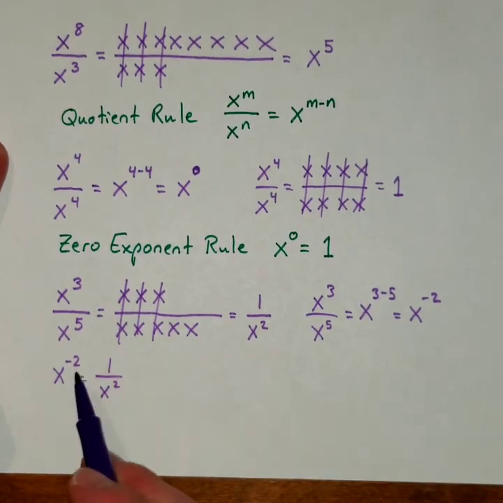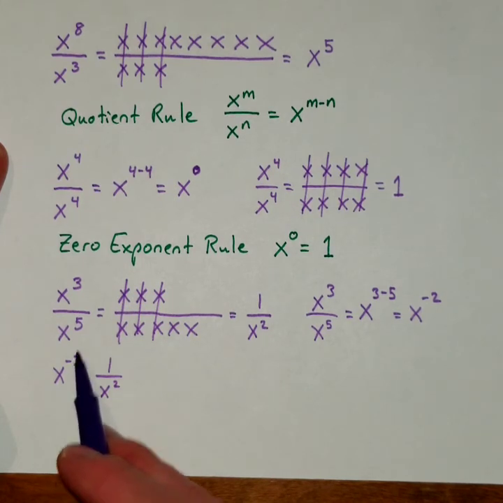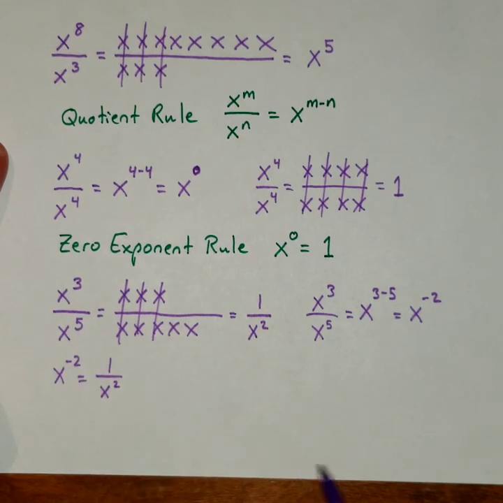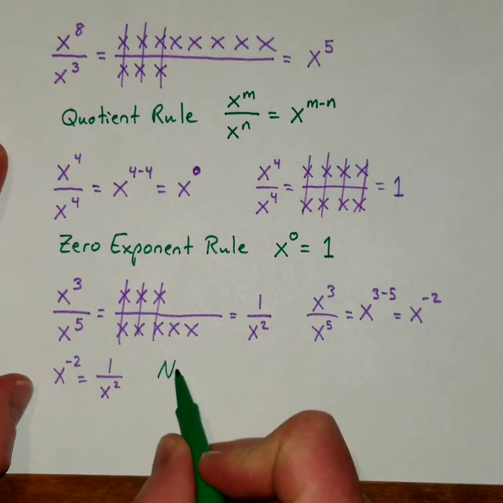And in fact, you can work this out for any negative exponent, just using a different combination of powers to begin with. And so we have something called the negative exponent rule.